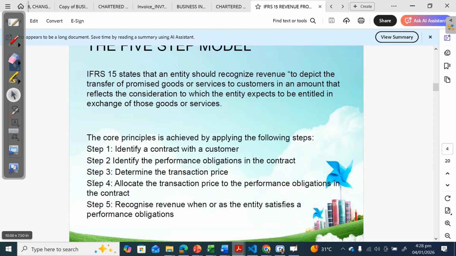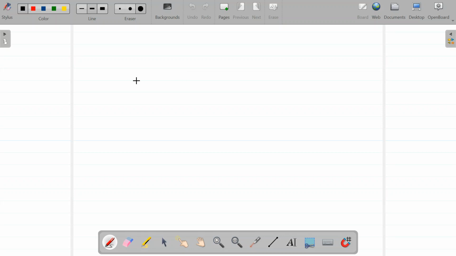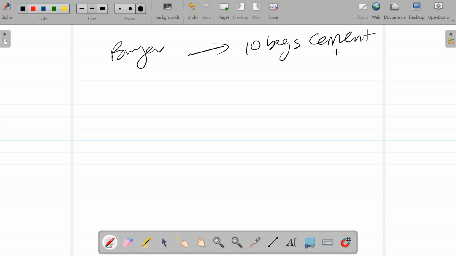Then the next step is allocate the transaction price to the performance obligation in the contract. After determining the transaction price, we need to allocate it to the performance obligation. So let's say that the seller has an obligation to deliver 10,000 bags of cement. This is the obligation, and we need to assign a price to these 10,000 bags.